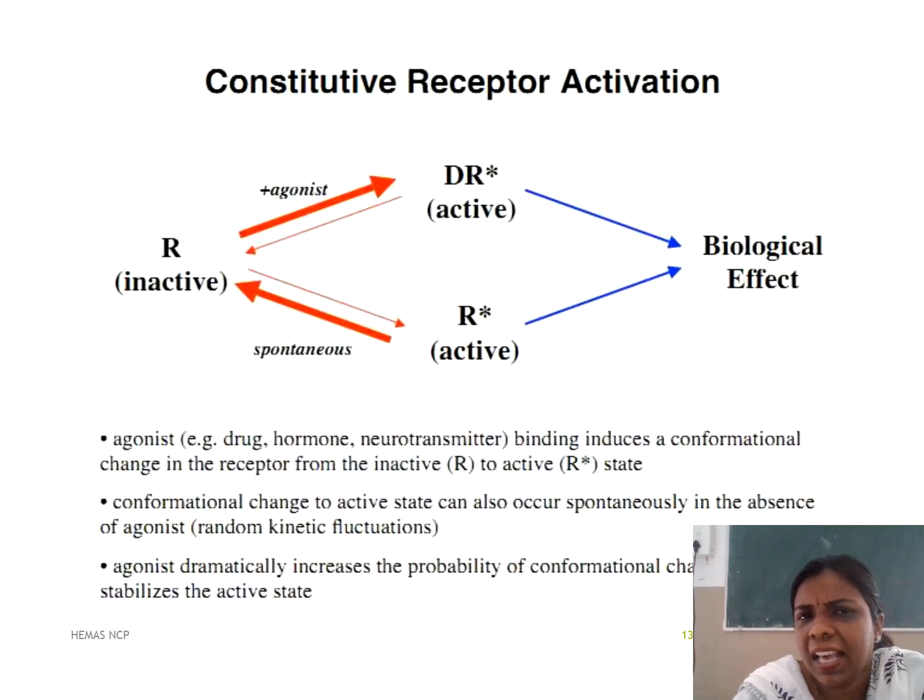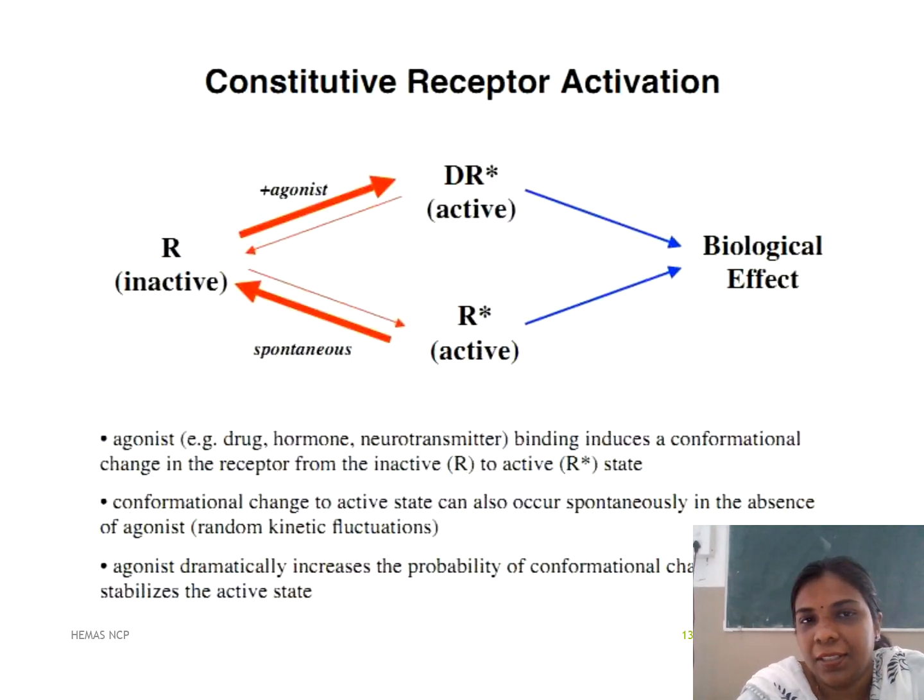What happens when an agonist binds? An agonist increases the probability of the receptor entering the active state and stabilizes the active form. That means R plus agonist will produce a response, and more receptors become active, their signal transduction is stronger, and the biological response increases.